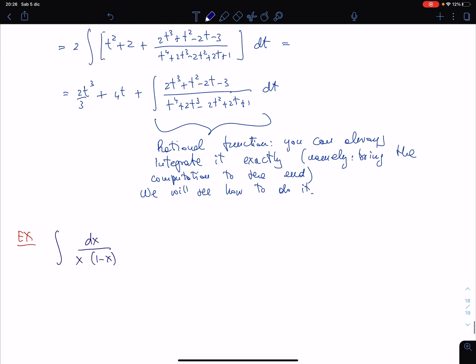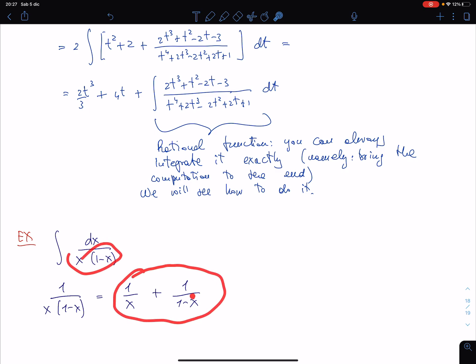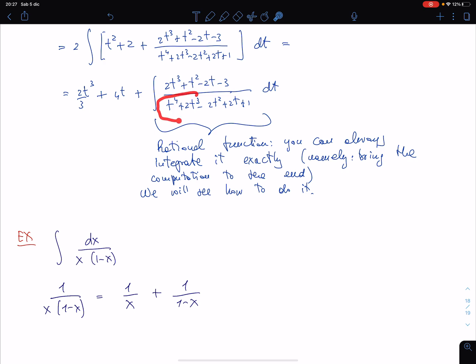And here the trick is to do the following decomposition. 1 over x times 1 minus x is equal to 1 over x plus 1 over 1 minus x. Every rational function admits a decomposition like that, where here you can have a first or at most a second degree polynomial. We will see it, okay? And this is what we do here.